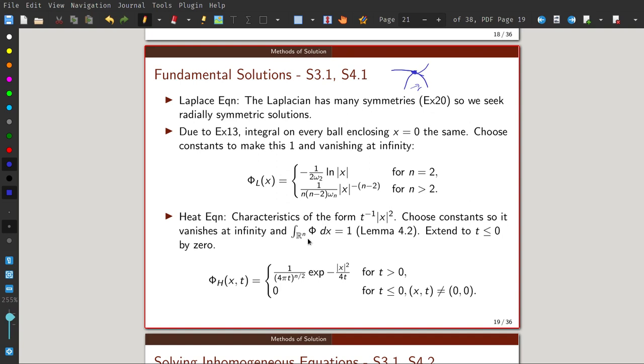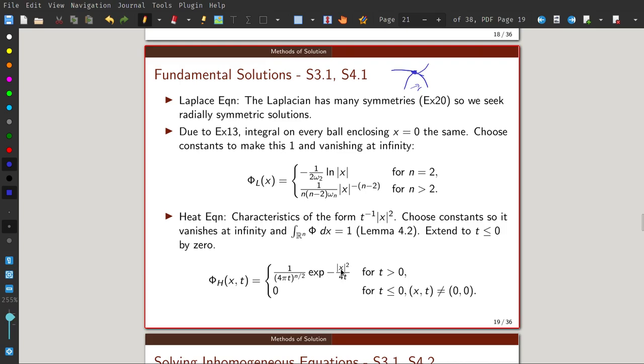Okay. You see from the characteristics that the characteristics all meet at t equals 0. They all come together. So that's why we only consider positive time initially for the heat equation. And we get this formula on the top line here, t greater than or equal to 0.